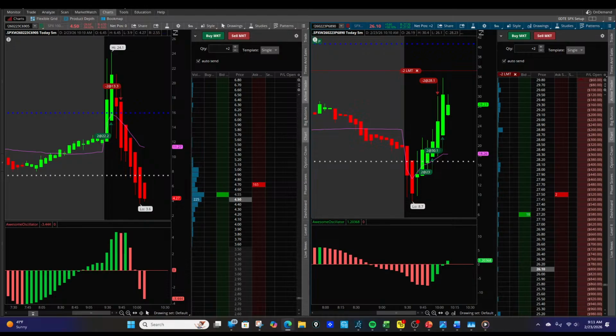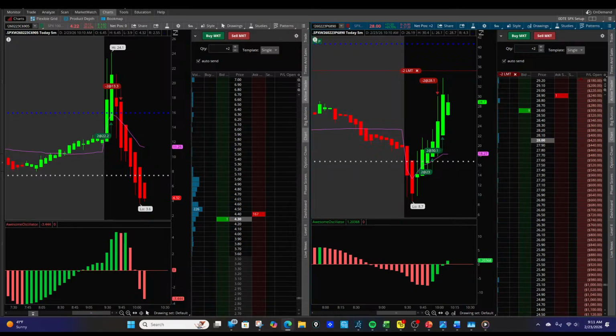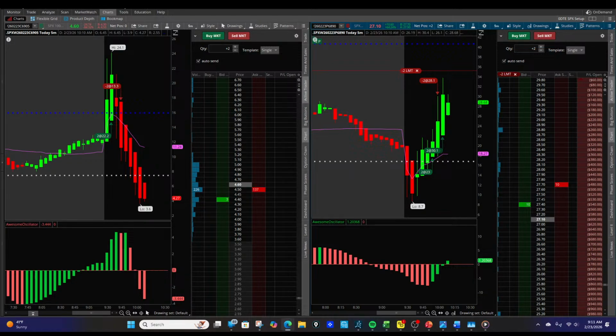Usually when it crosses the 0 line, it doesn't pull back like that, but I just don't like the way calls look right now.